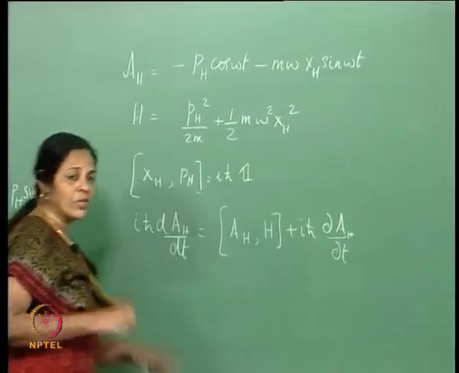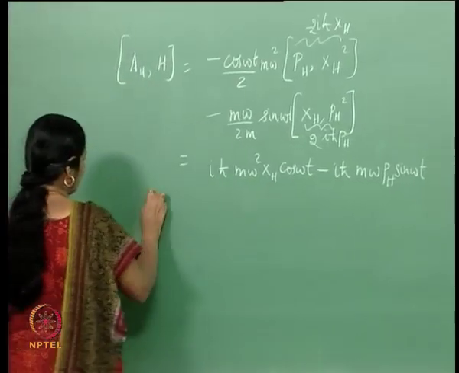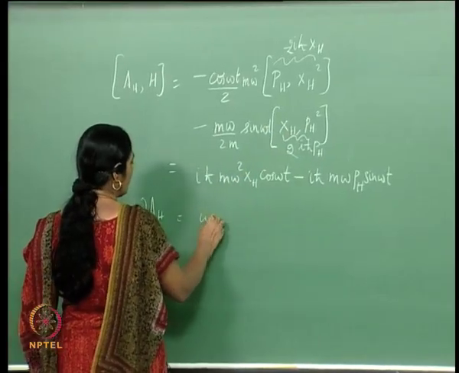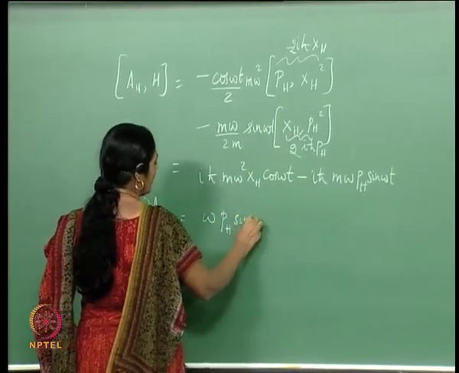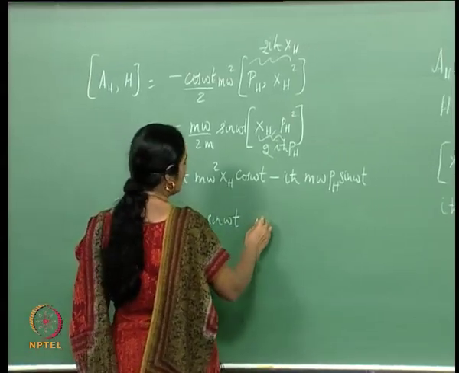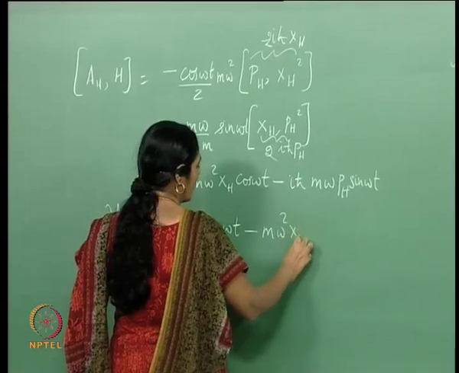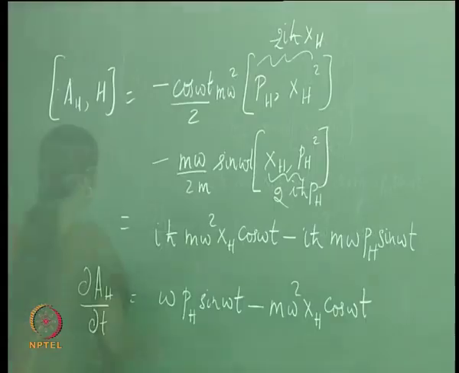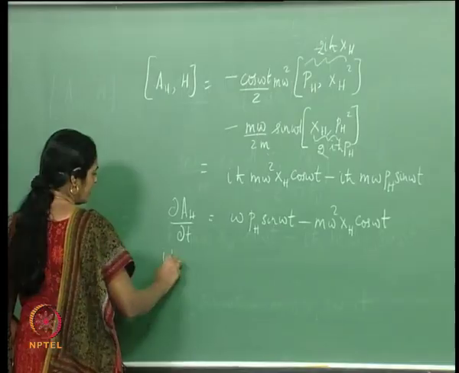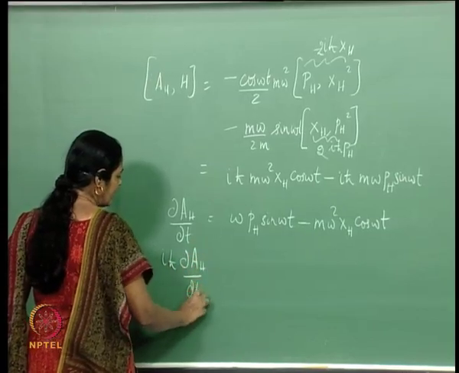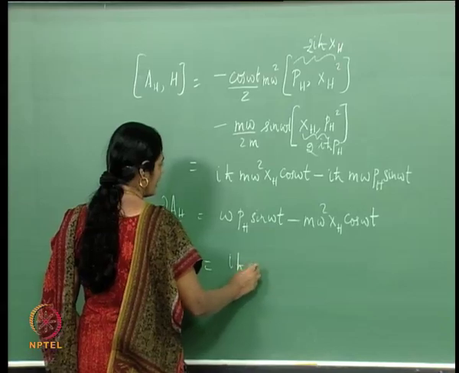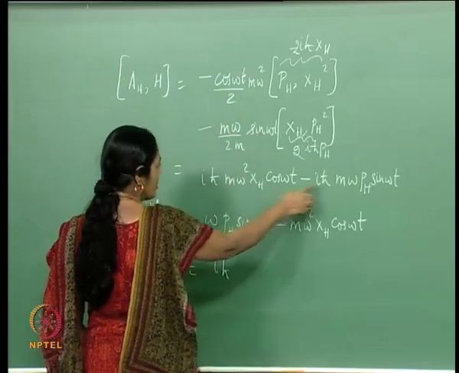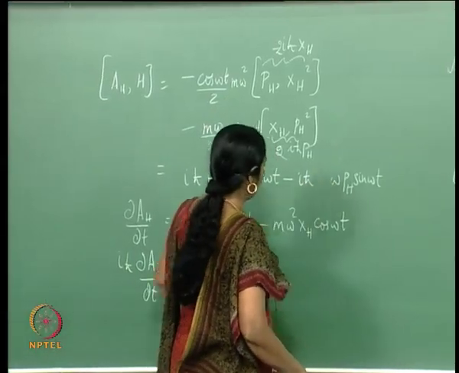Now let us look at the explicit time dependence. Delta AH by delta t, the first term gives me an omega PH sin omega t and the second term gives me a minus m omega squared XH cos omega t, and therefore what I need is iħ times that. The m cancelled out here, so there is no m out there, and this is what I have.